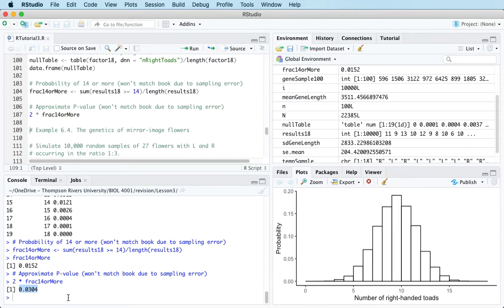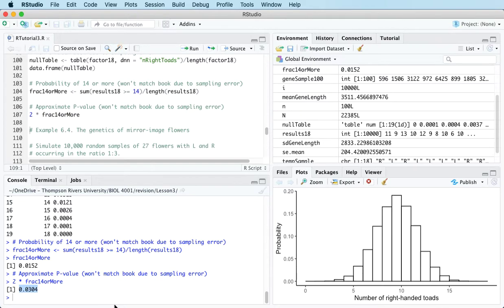Okay, so the probability of observing a result as great or greater of a difference from the null hypothesis if the null hypothesis were true is only 0.0304.